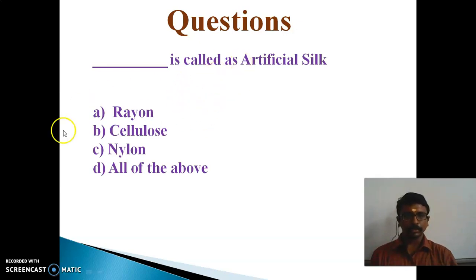What is the correct answer, children? Yes, the answer is rayon.